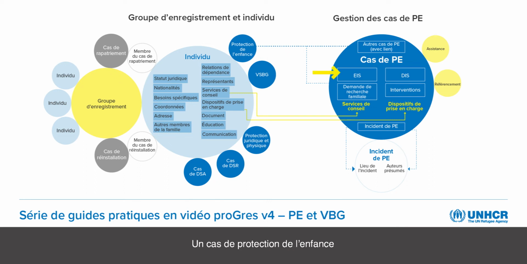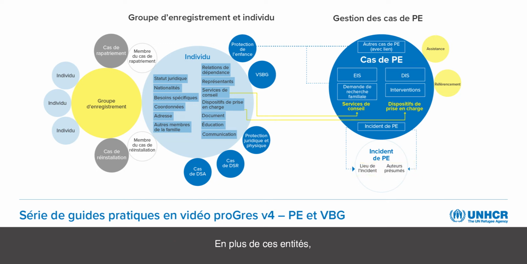Within a child protection case, you will find a BIA, both simple and comprehensive, a BID and BID interviews, family tracing request entity, interventions, and child protection incidents. Very similar to that format of the SGBV incident, which includes both an alleged perpetrator and the incident location.